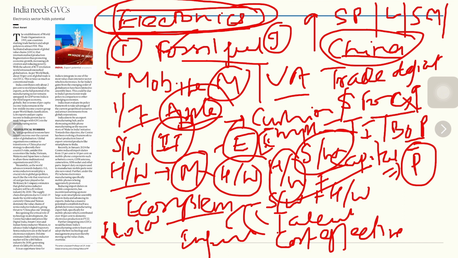You must have known that close to 10 lakh crore rupees were spent in last year's budget on infrastructure creation. So we are also trying to reduce the logistic cost that a country experiences. That's why India needs a global value chain.